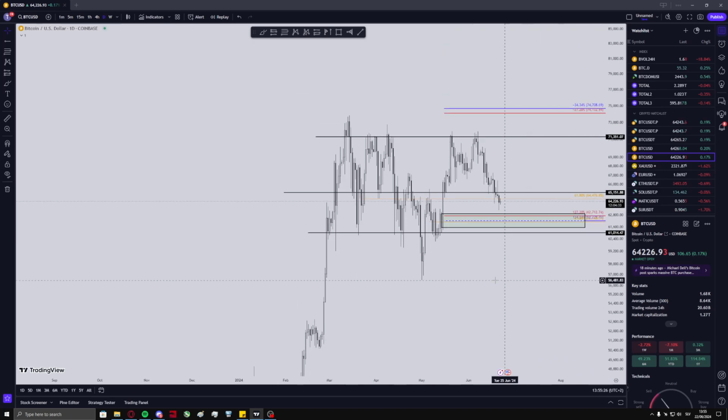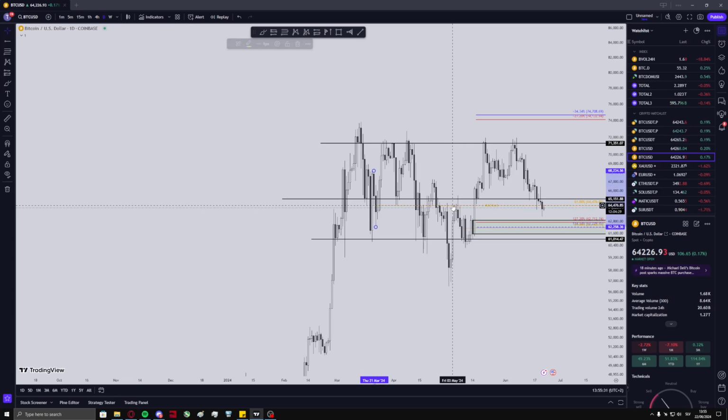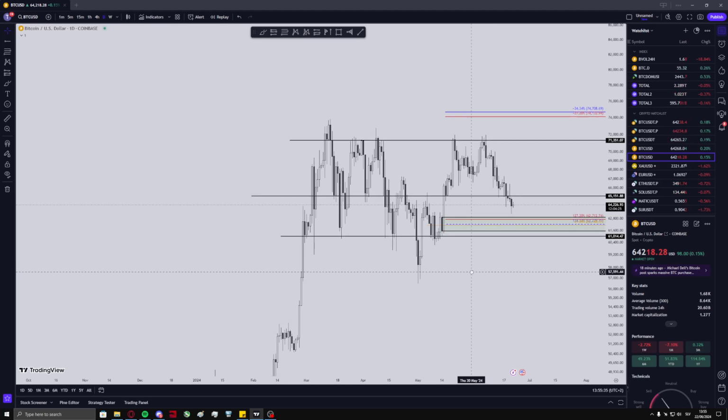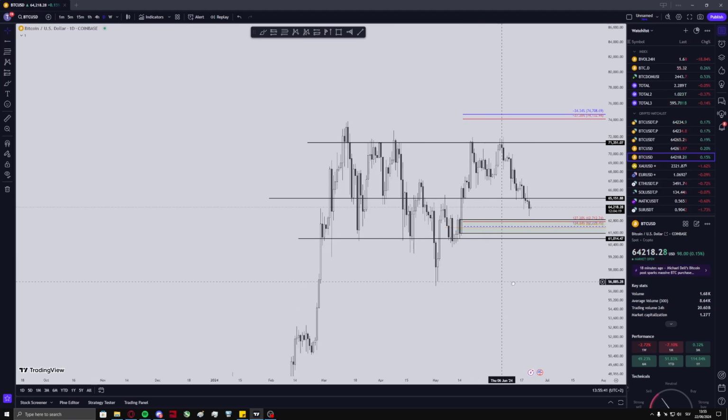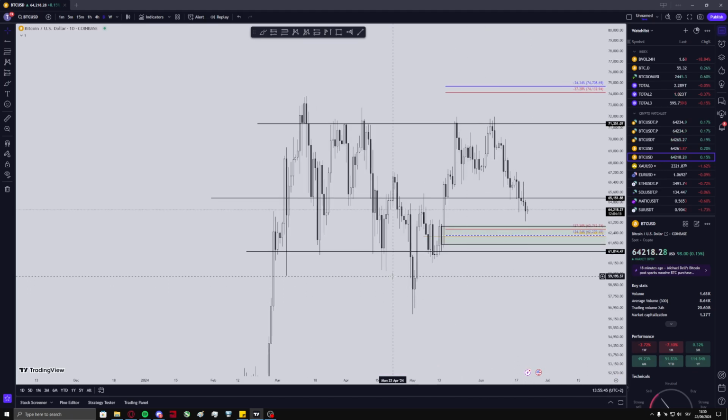Okay, now this is one way you can find confluence for your entry. And there is another which I like even more, and this one is pretty much you fib a break of structure.